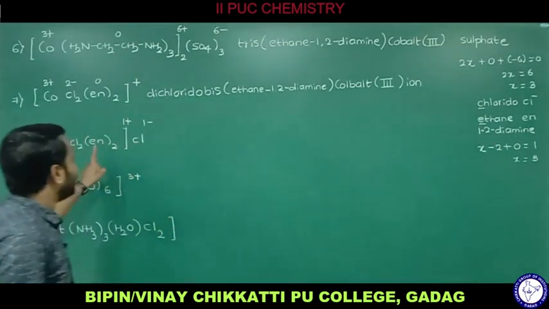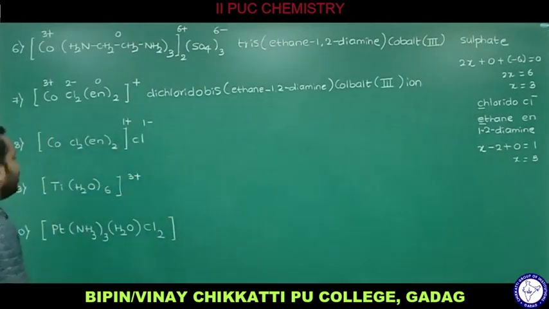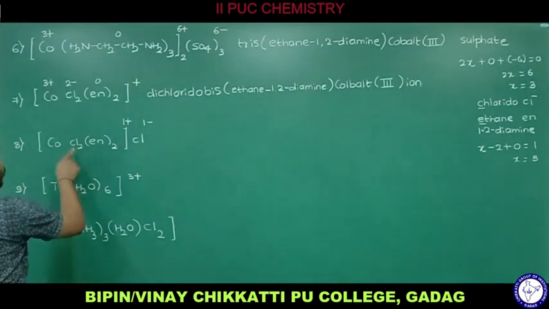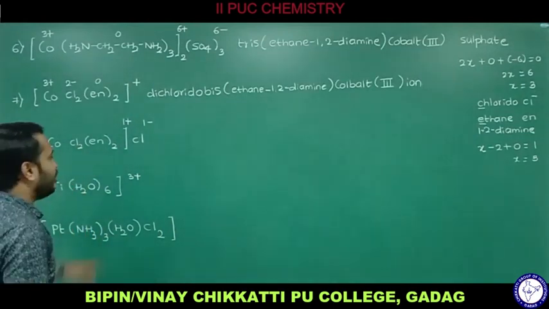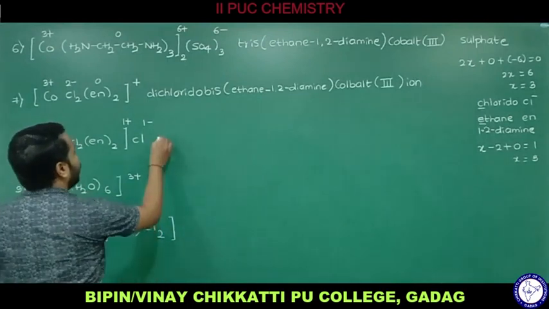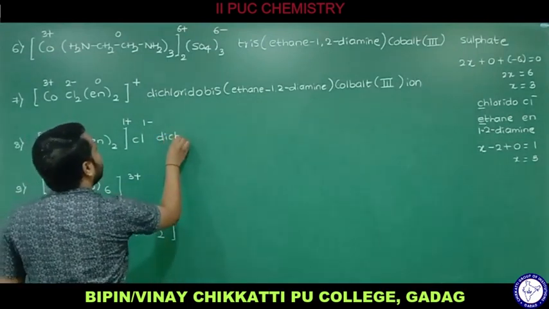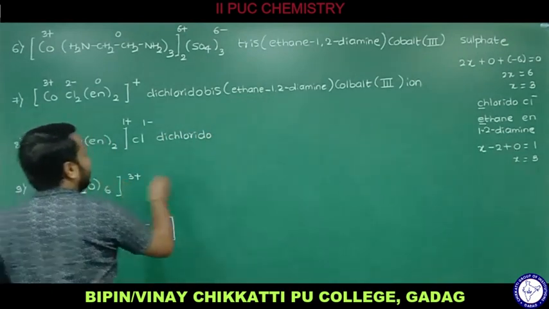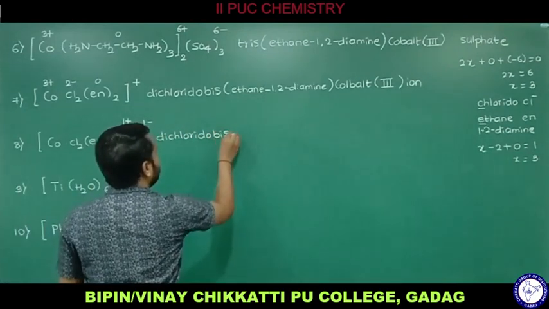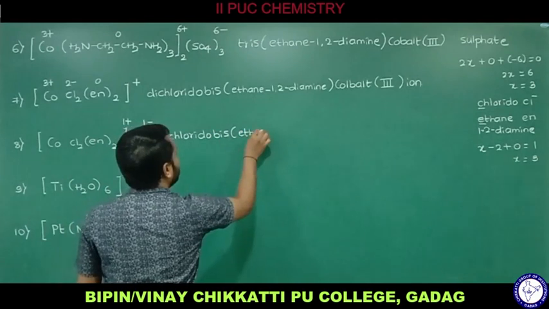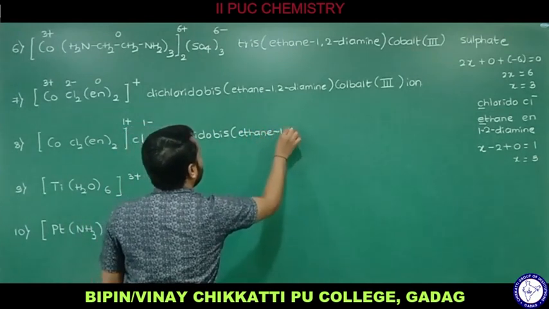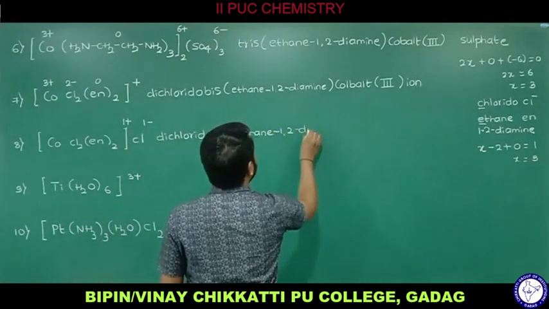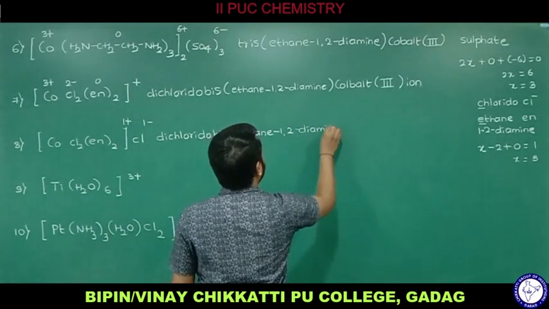We'll see this particular example, which belongs to cationic. We have two different ligands, chlorido and ethane 1,2-diamine. According to alphabetical order, chlorido we are supposed to write first, so dichlorido, then En, for which we are supposed to use bis, bis(ethane 1,2-diamine).